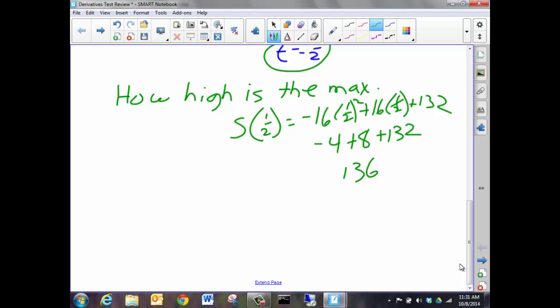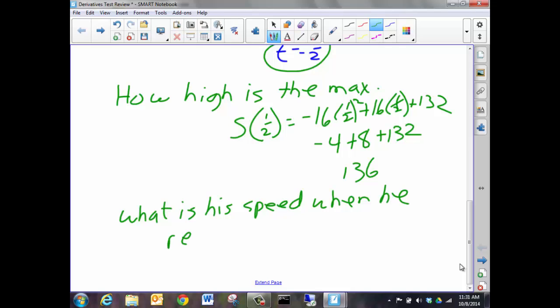What if I ask, what is his speed when he reaches the ground? What is his speed when he reaches the ground?